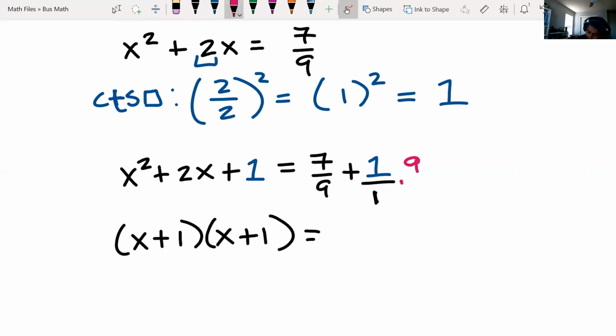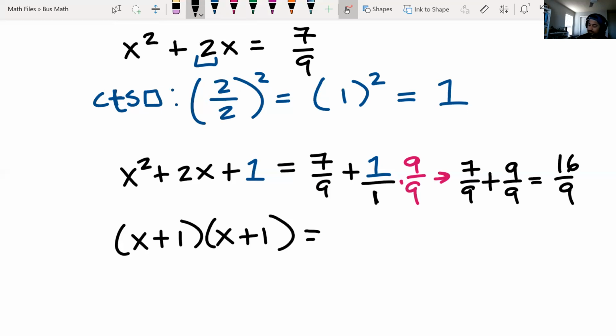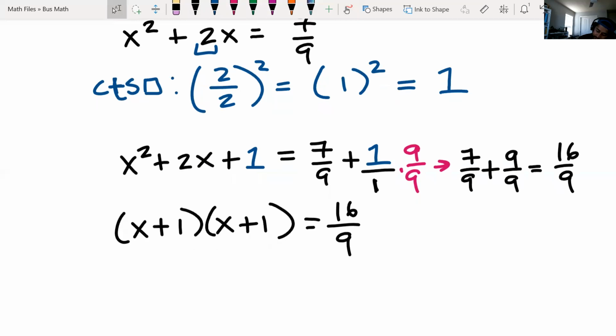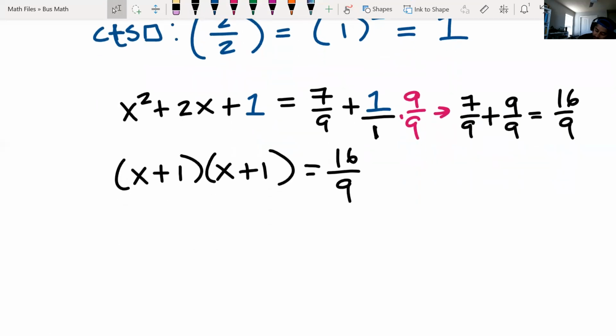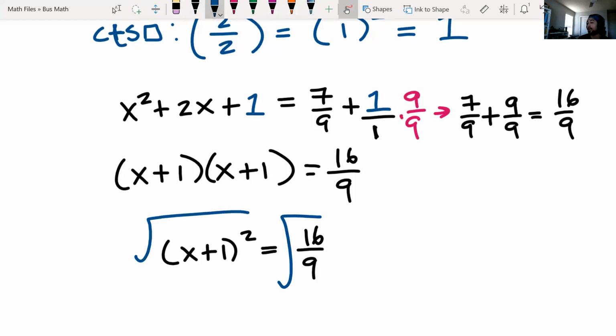So multiply this by 9/9, and you'll get 7/9 plus 9/9, which gives me 16/9. So that's going to go right here, 16/9. All right, clean it up some more. You get x plus 1 squared equal to 16/9, and then square root both sides.